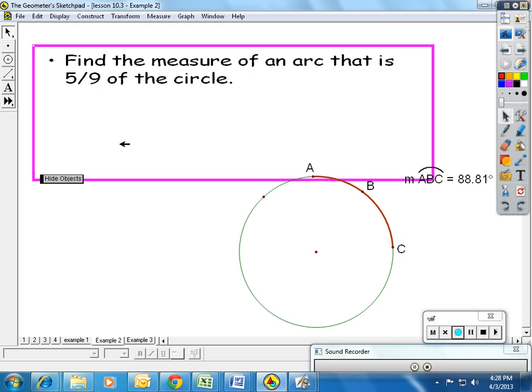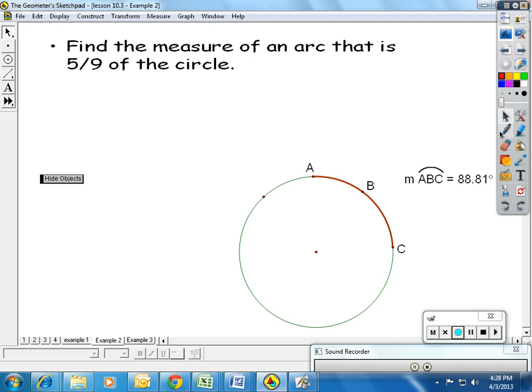So what we're taking now is 5/9 of 360 degrees. And what is that? It is over 180, and it is 200 degrees.